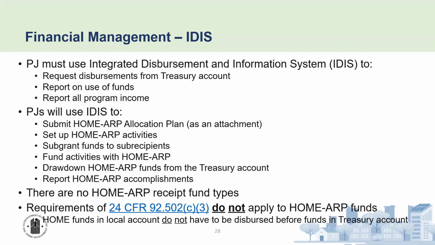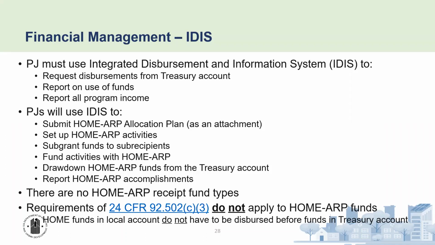So you know how regular HOME has PI, HP, and IU receipt fund types for program income, recaptured homebuyer funds, and repayments to the local account. None of those receipt fund types exist for HOME-ARP in IDIS. As we discussed, HOME-ARP program income is HOME program income and must be reflected as a HOME PI receipt in IDIS.